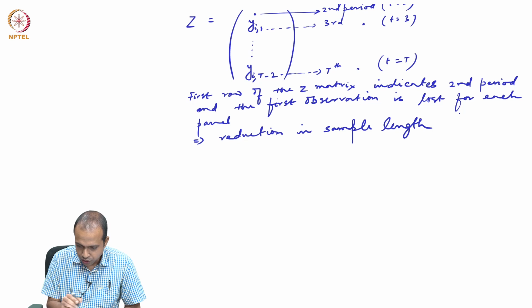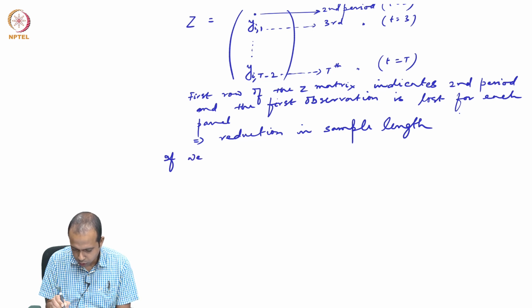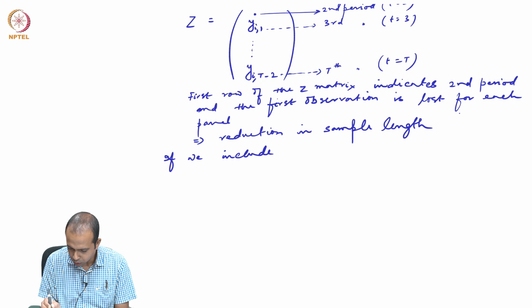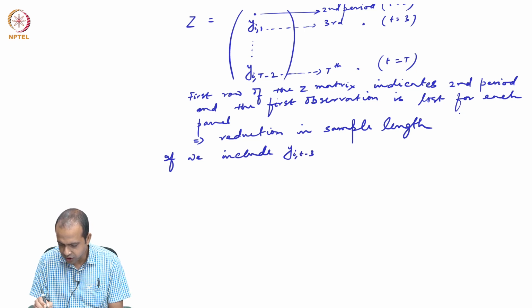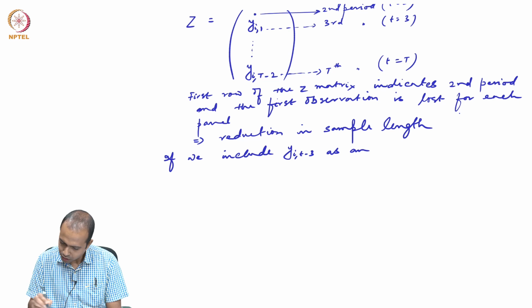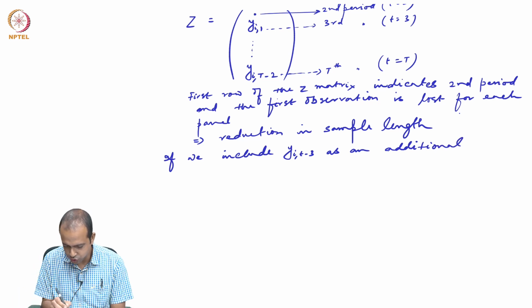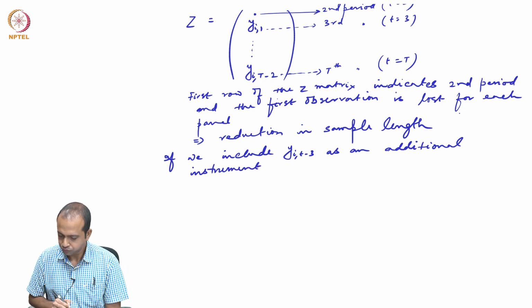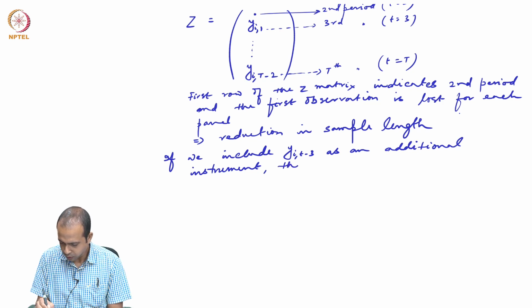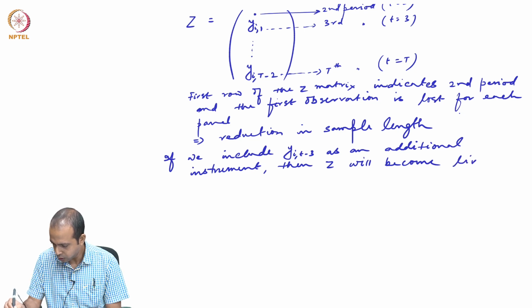And if we include YIT minus 3 as an additional instrument, then Z will become like the following.